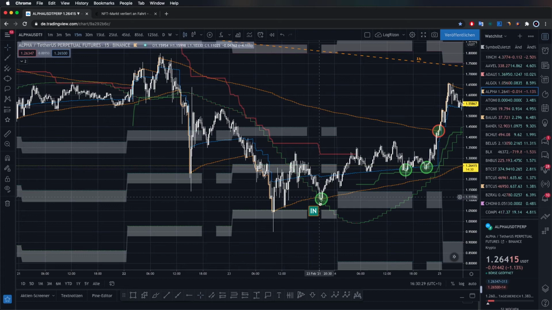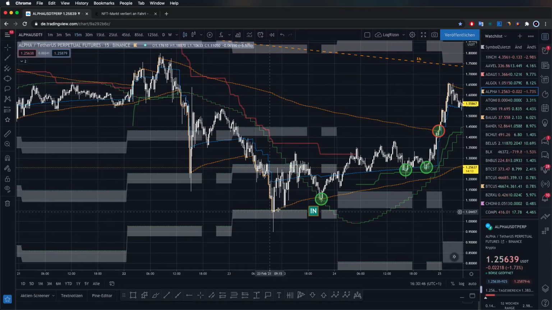And my confirmation is this one. Why? Because here a new buyer line of the 15-minute time frame was built, and it was already confirmed once over here. So I saw, okay, people who bought here also bought some hours later here.